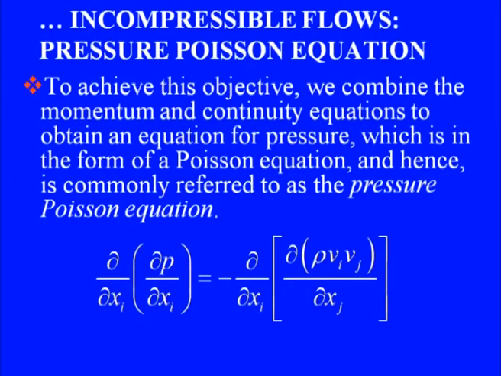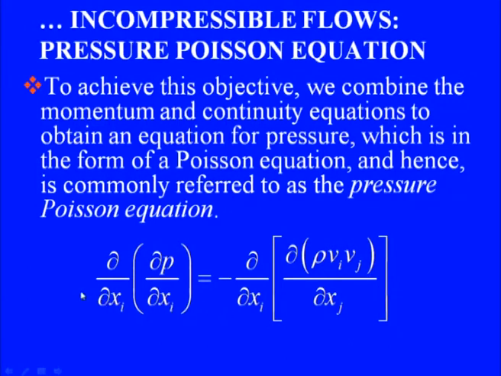So, the simplified pressure Poisson equation, just a summary of what we have derived: del over del xi of del p over del xi is equal to minus del over del xi of, within brackets, del of rho vi vj over del xj.